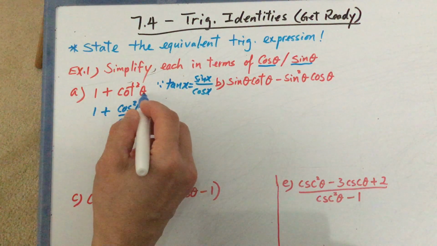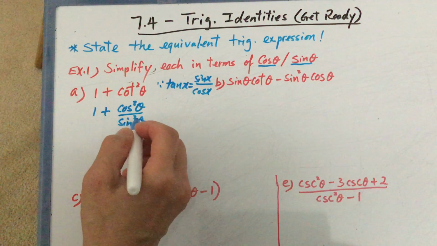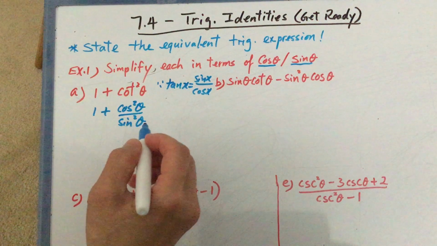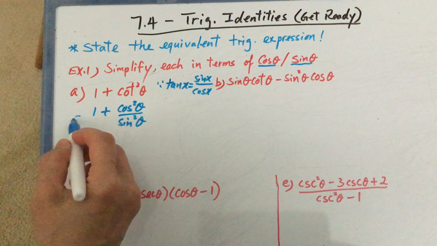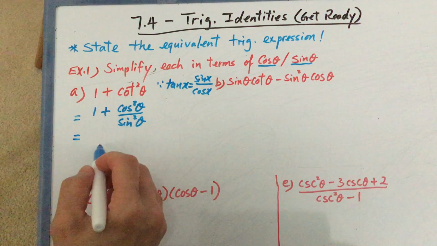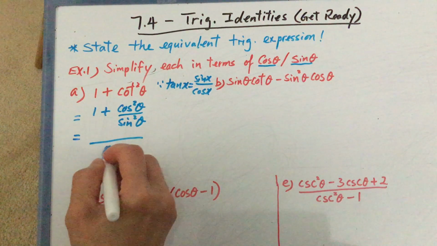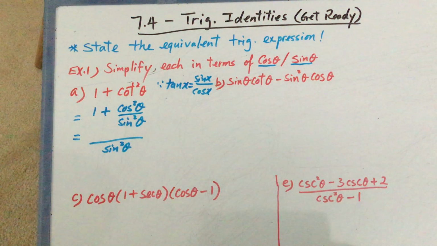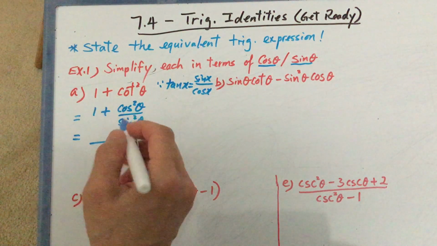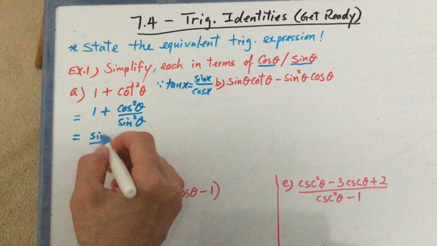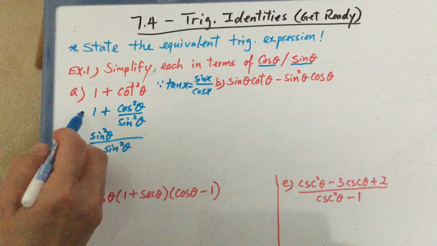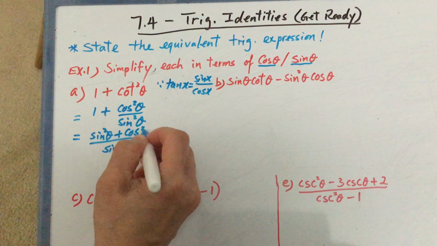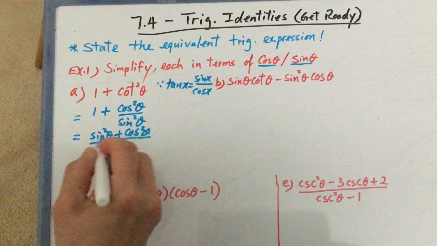So we have to follow: if this is a theta, then this has to be a theta. If this is an x, then we have to change that into an x. And then with the common denominator of sine squared theta, you will have sine squared theta over here, plus cos squared theta.